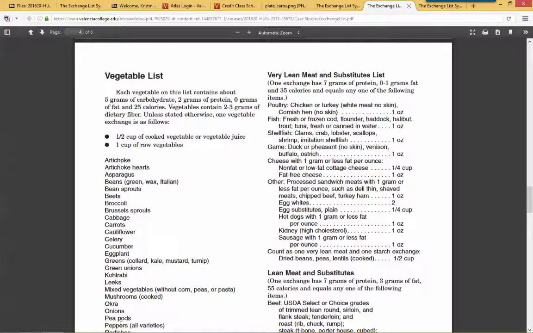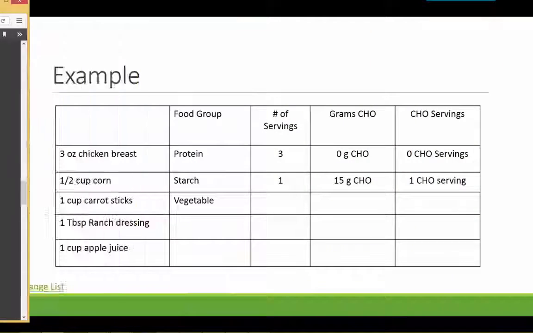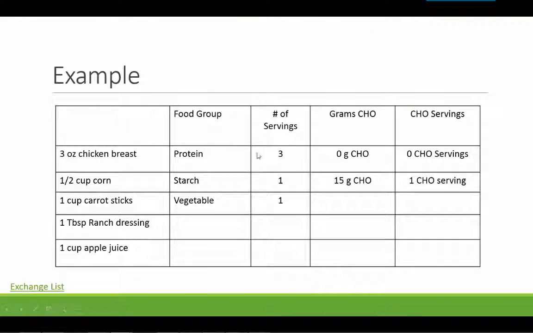It gives a list of the vegetables and says 1/2 cup of cooked vegetable or vegetable juice or 1 cup of raw vegetables. Well, we consumed 1 cup of raw carrot sticks. So here are the carrots. That means it falls into the vegetable list. And we consumed 1 cup of raw vegetables. That means we consumed 1 vegetable serving.